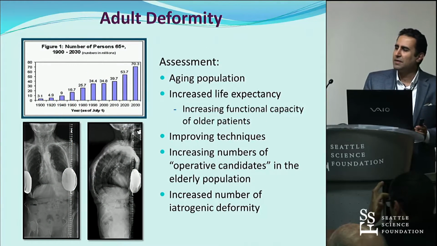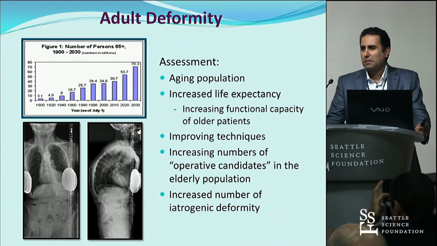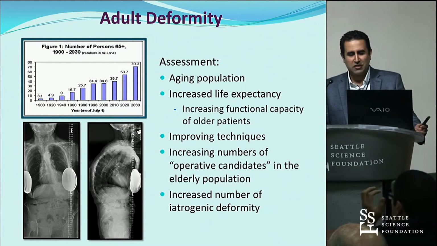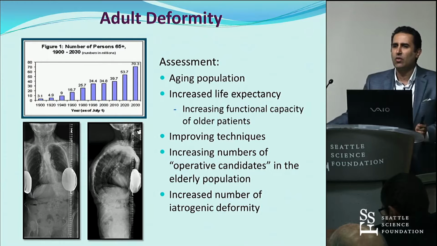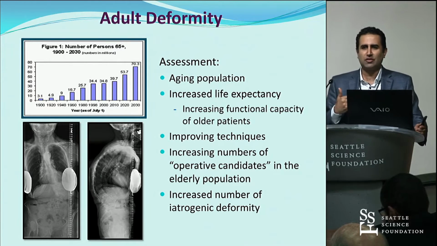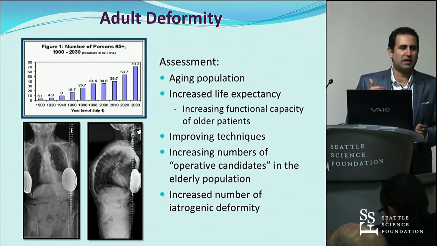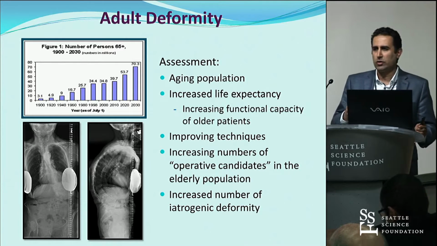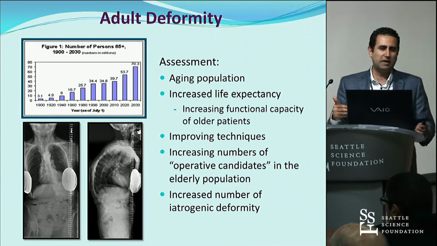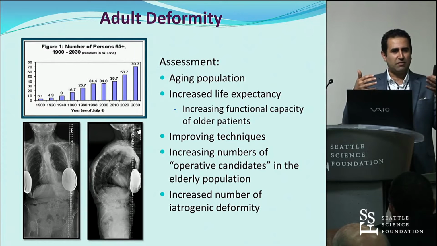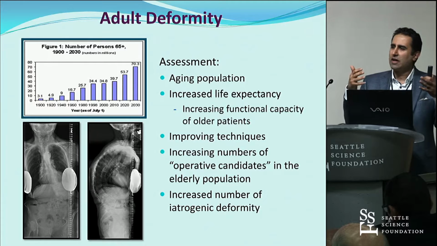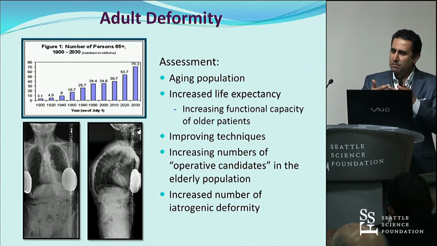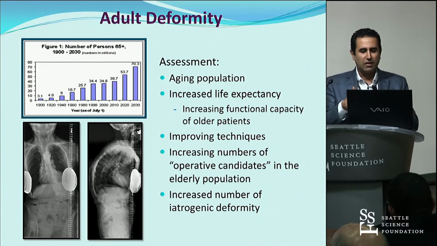Okay, so what's happening to deformity? Well, it's increasing because our population is getting older. As life expectancy is increasing, as comorbidities are being handled in a better way, and as our surgical techniques are improving such that we can effectively treat older and older patients with these comorbidities, the interface between older patients and our capacity to treat them is being met on a greater basis.